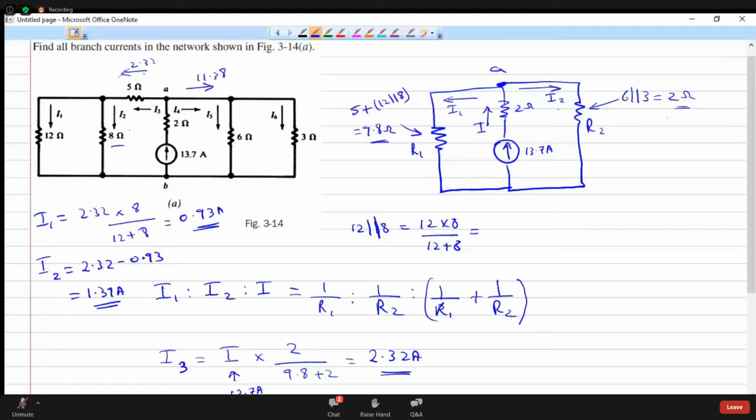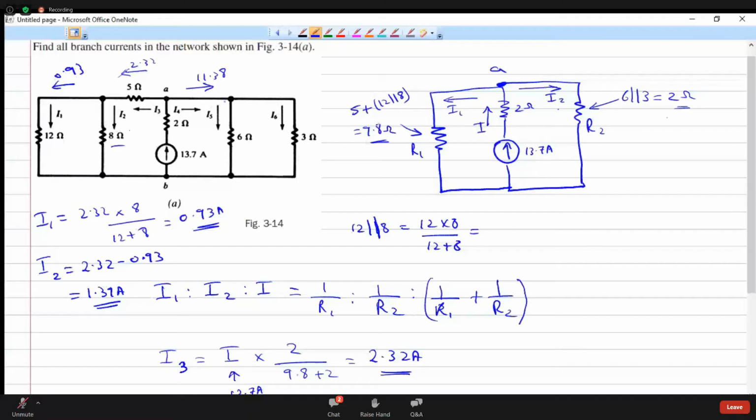So incoming is this, and here what is flowing is 0.93. So what should flow here by using KCL? This current should automatically equal 2.32 minus 0.93.